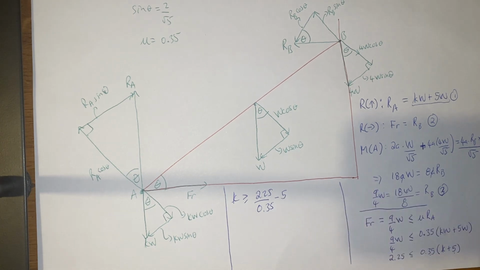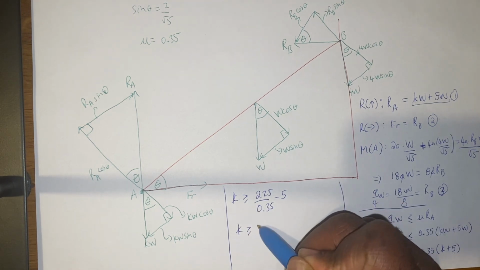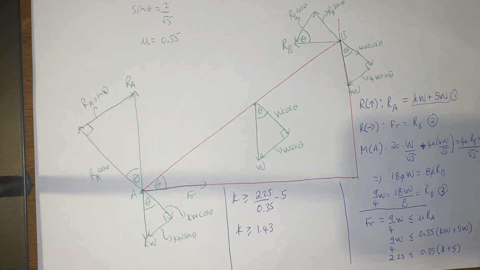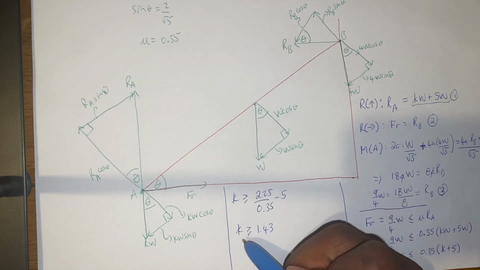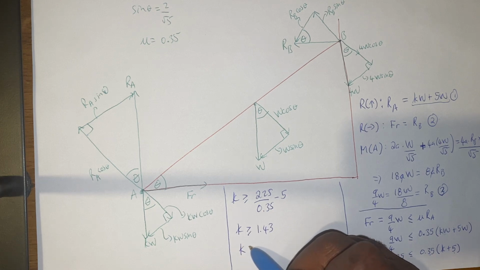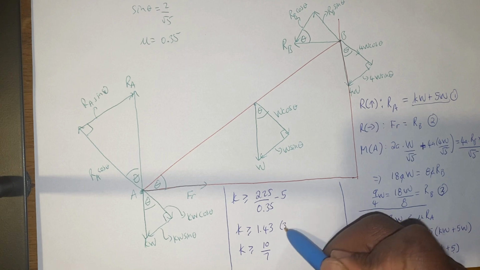If we type that into the calculator, we have 2.25 over 0.35 and then take away 5. All right, so K is greater than or equal to 1.43. If we were to write this in exact form, we would have K is greater than or equal to 10 over 7. 3 significant figures.